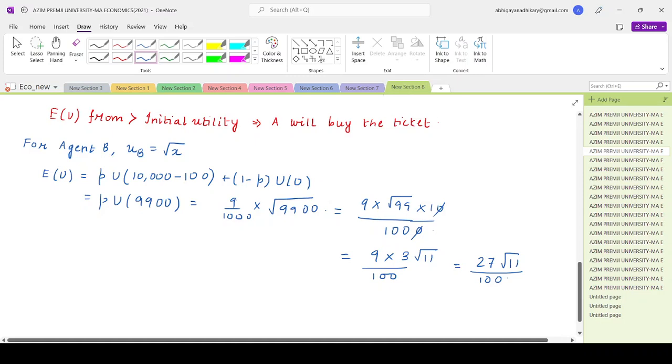So now the question is, is this value greater than or less than 10? Okay. So this is definitely less than 10 for sure. Therefore, expected utility from the lottery is lesser than the initial utility because initially he had 10.